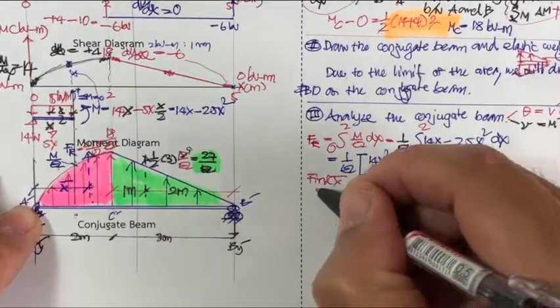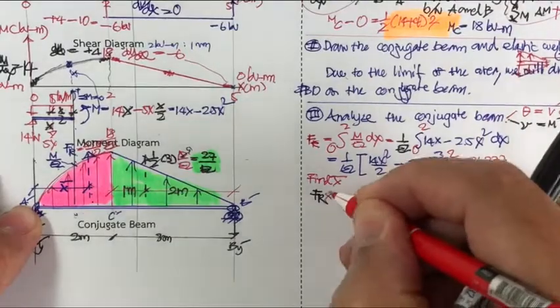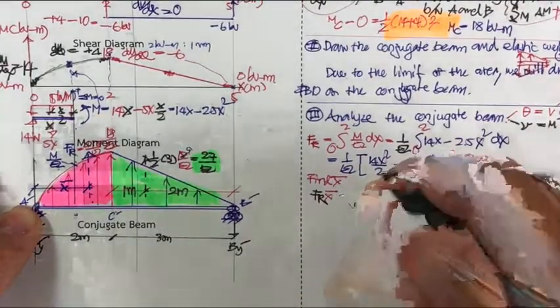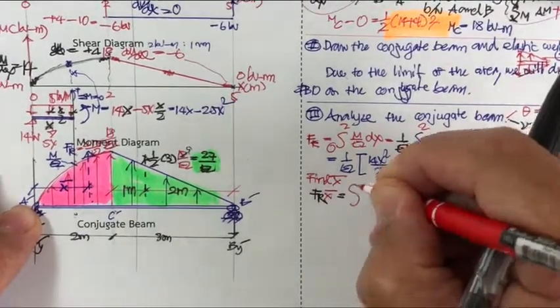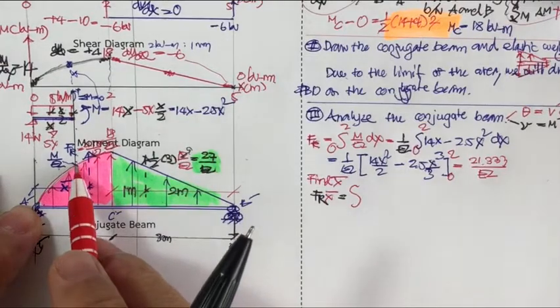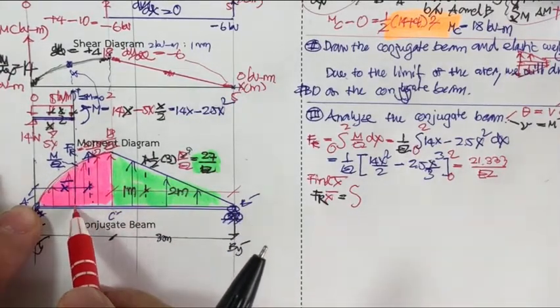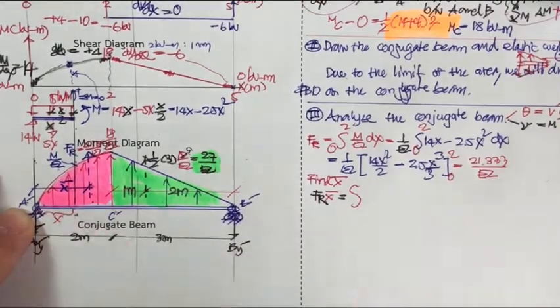So we have F sub R times x bar equal to the integration of the moment here, with the moment arm x.